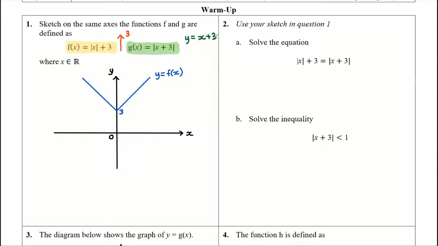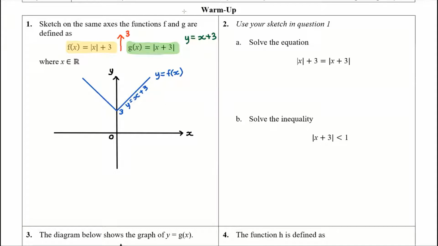So if I draw that, we think of it in those terms, the x plus 3 is actually the same as the positive branch of f of x. Okay, so if I just indicate here, this is y equals x plus 3. So they actually coincide, provided x is greater than or equal to 0.